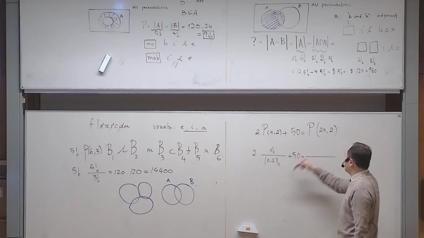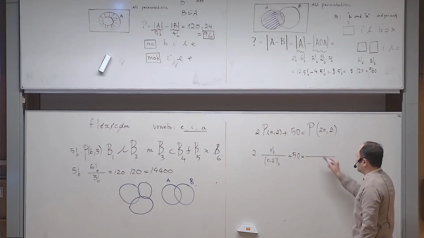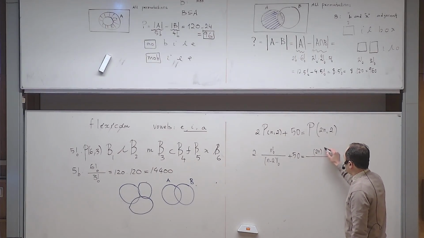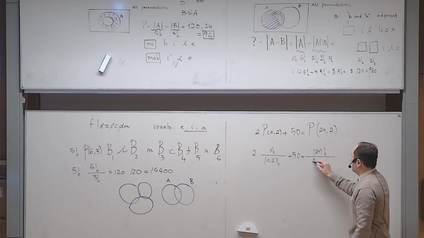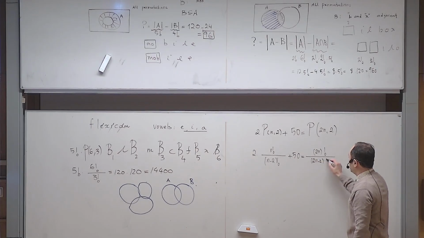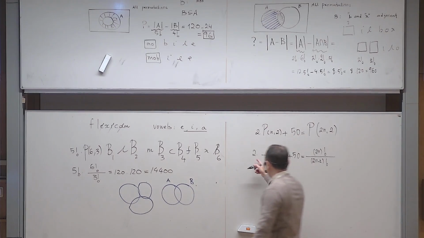I will use the same formula here, but this time 2n is playing the role of n. So 2n factorial goes to the numerator, and the difference between them, factorial, goes to the denominator. Then I have to simplify this to be able to solve it. The simplification is very simple.